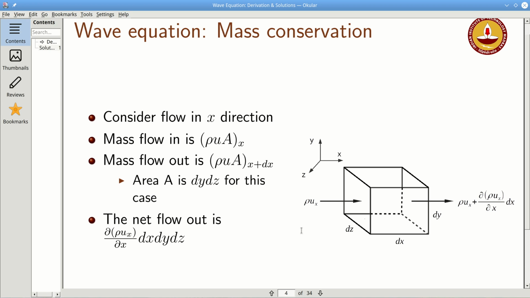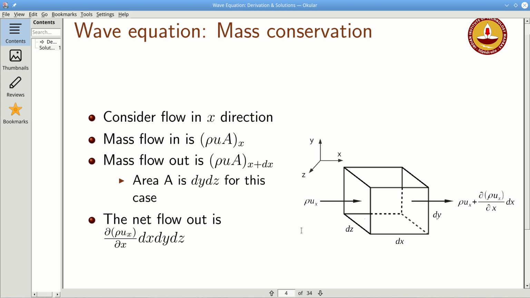What is going out is rho ux at x plus dx, and we do a Taylor series expansion. And when you do that, and again I would urge you to sit and derive this, what you are left with is the net flow. What is coming in is rho ux into dy dz, and obviously dy dz is the infinitesimal area across which it is flowing.